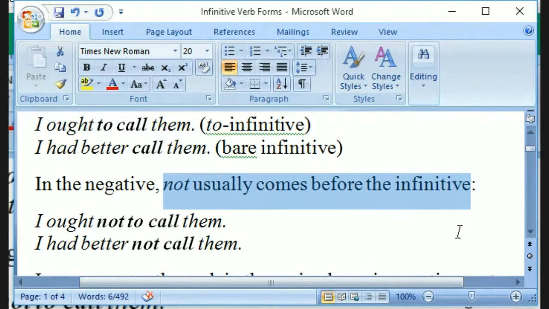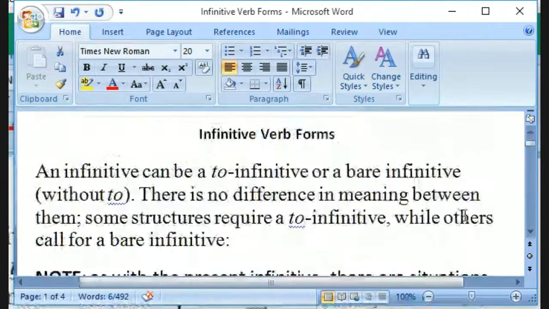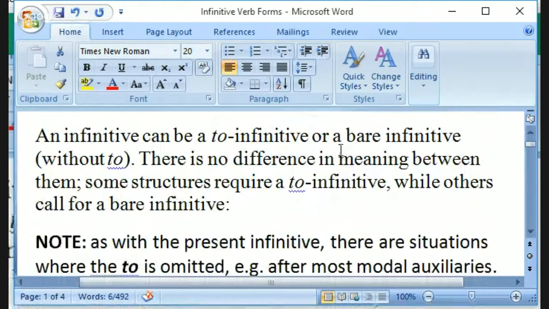Okay. Sam, we're looking at infinitives here. Starting off with how we can have infinitives we normally think of with to in the infinitive. We also have what's called a bare infinitive. That is, we use the verb, but we have no to in front of it.